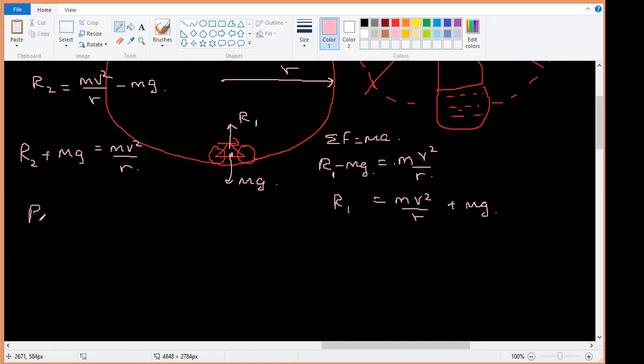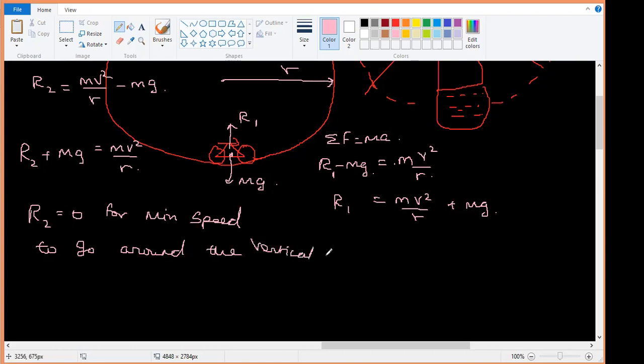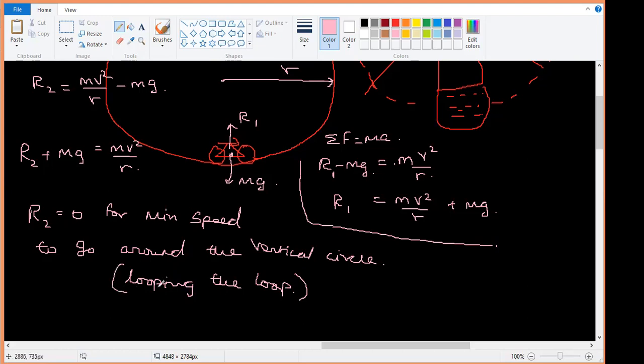So take it down, R2 is equal to 0 for minimum speed to go around the vertical circle. Going around a vertical circle is sometimes called looping the loop. Loop means circle, looping the loop means you are going around the circle.